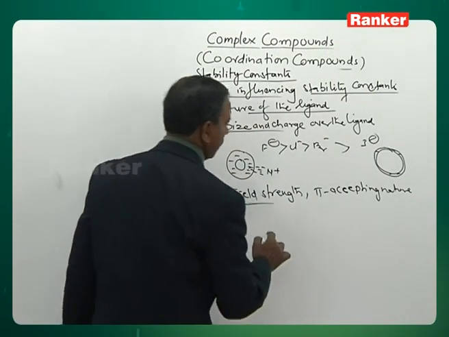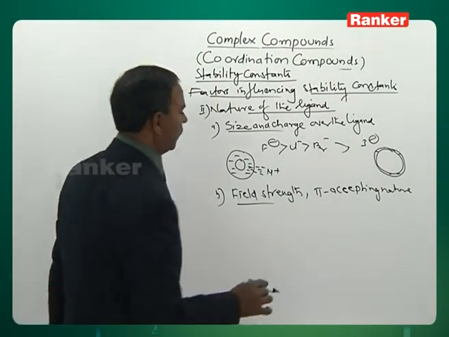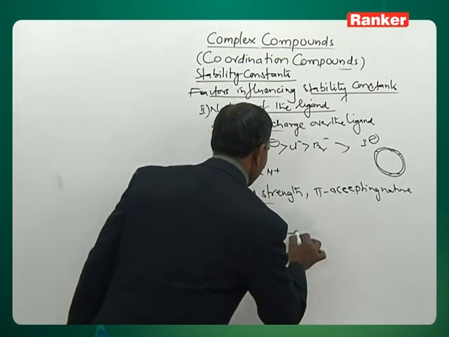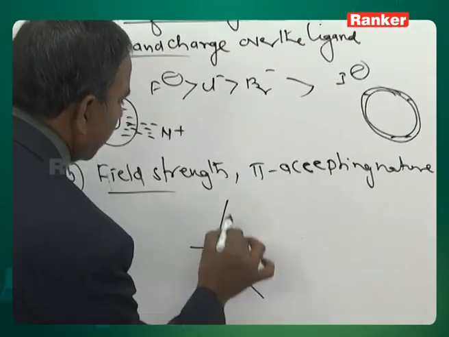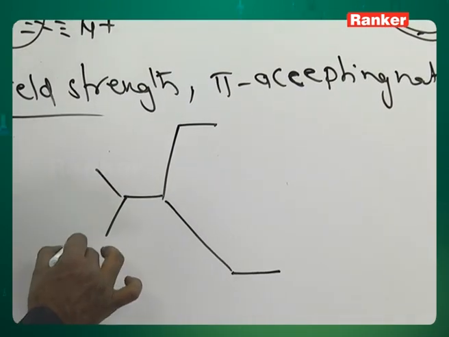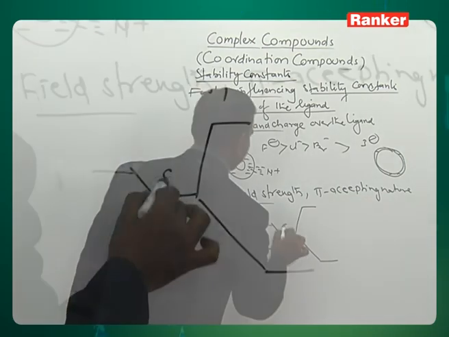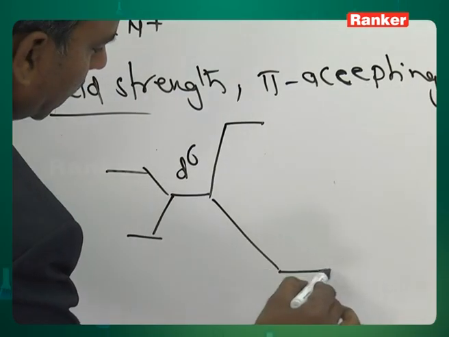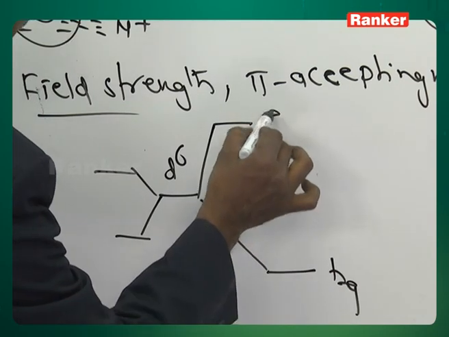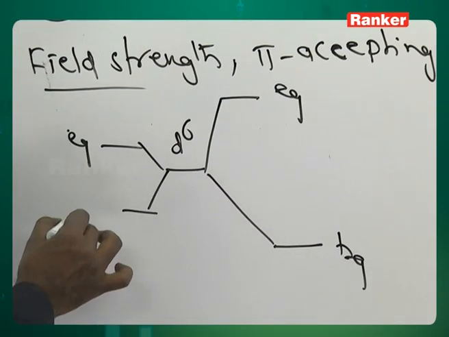See what I said, a strong field ligand produces a more stable complex than a weak field ligand because of greater splitting of d orbitals. A weak field ligand is causing lesser splitting of d orbitals. Consider a d6 system. This is t2g, this is eg again.